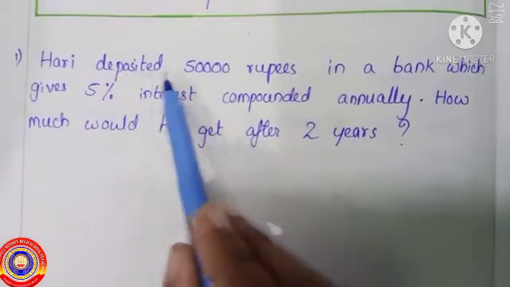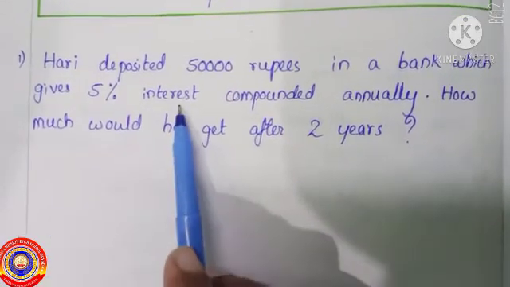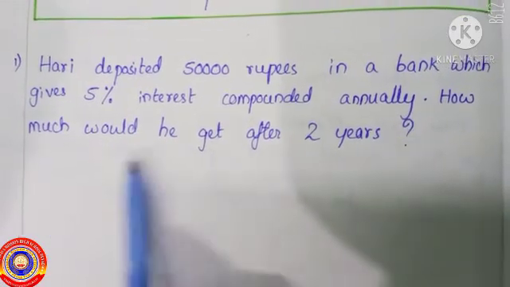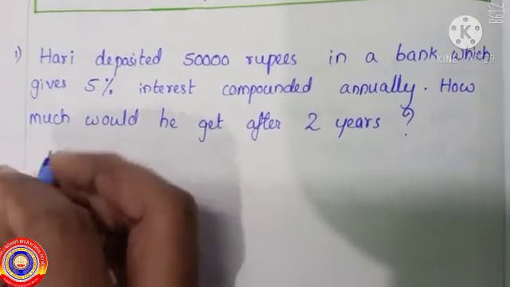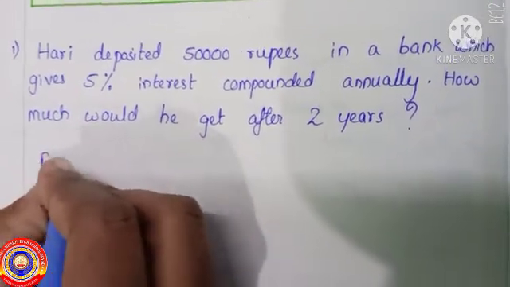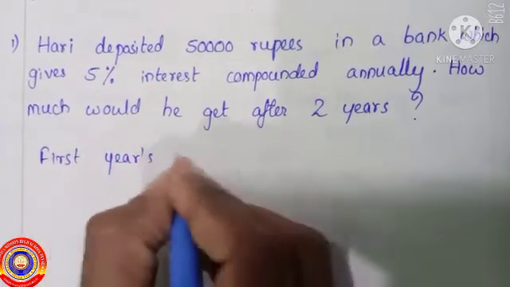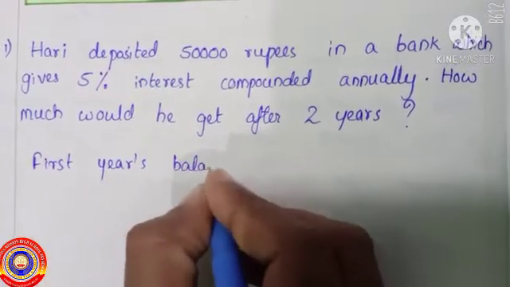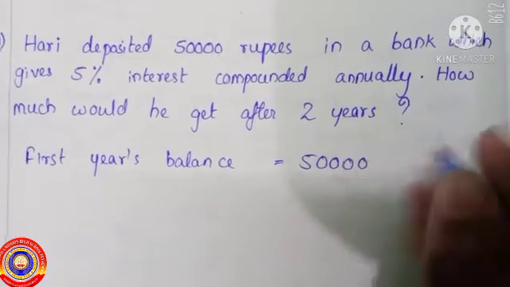Using this idea, let's do a question. Hari deposited 50,000 rupees in a bank which gives 5% interest compounded annually. How much would he get after 2 years? So first find the interest which he got on the first year. The first year balance of Hari is equal to 50,000 rupees.